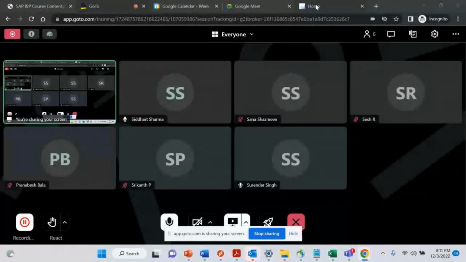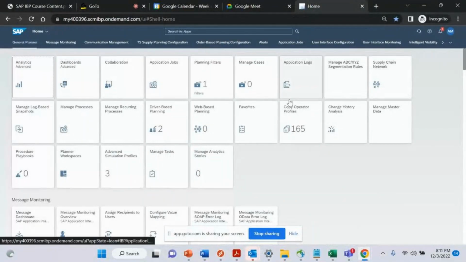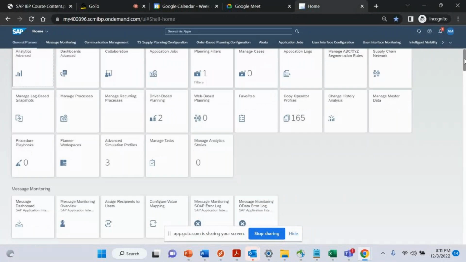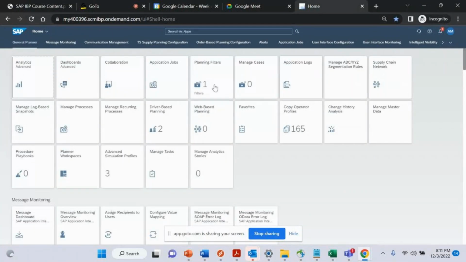So let me share. This is what the IBP UI looks like, the web user interface.